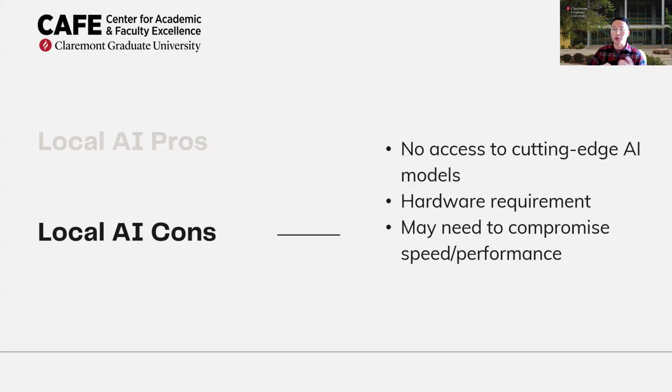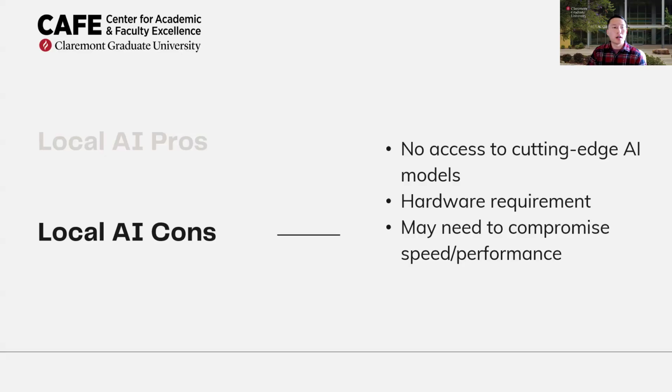Those AI models are huge, and that's one reason those companies wouldn't be providing those models locally. So when you're using local AI, you're often dealing with a more compromised model that is smaller in size.